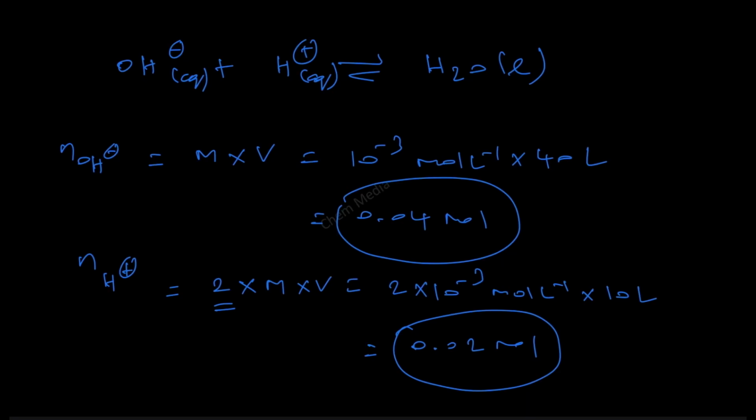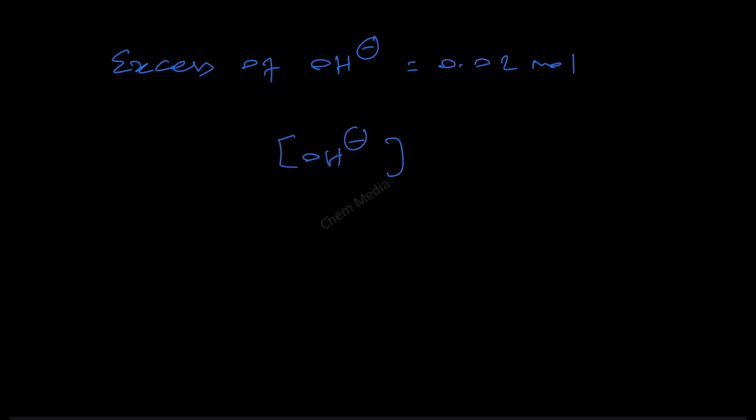We just have to subtract to find the residual concentration. Therefore, the excess amount of OH minus that we have is 0.02 mole. So the concentration of OH minus is equal to 0.02 mole divided by total volume. Total volume is 40 plus 10, so 50 liters.